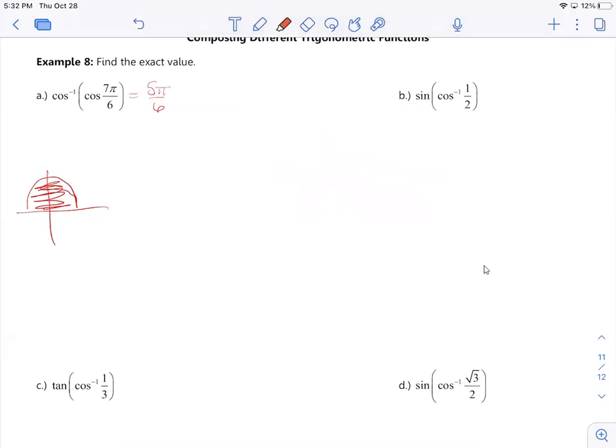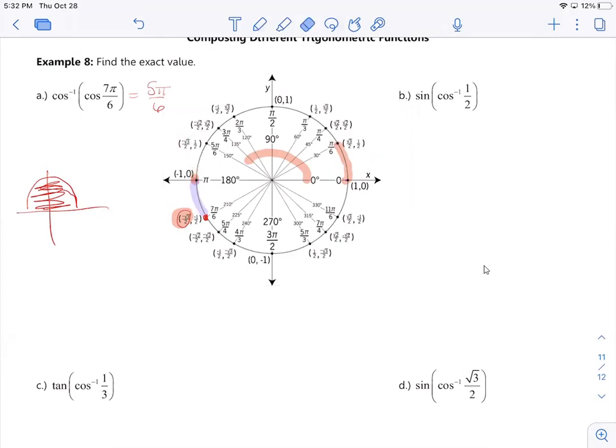Now this one, B, sine composed with inverse cosine of 1/2. Let me go ahead and get this beauty back. And this one, there's a couple different ways we can do it. One is we just use our unit circle. So we just find where cosine produces 1/2, where it can live. So positive 1/2 for cosine is right here. So that angle is pi over 3.